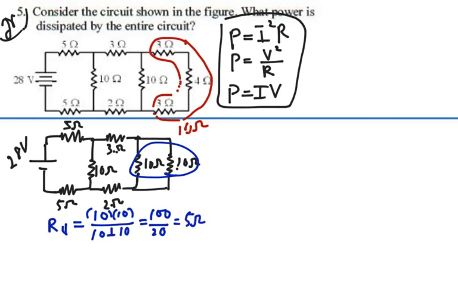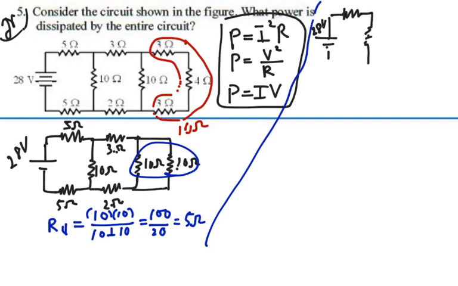So let's replace that parallel combination with 5 ohms, and now our circuit looks like this. 28 volt battery, 5 ohms on top, 10 ohms here, 5 ohms on the bottom, and we have 3 ohms here.